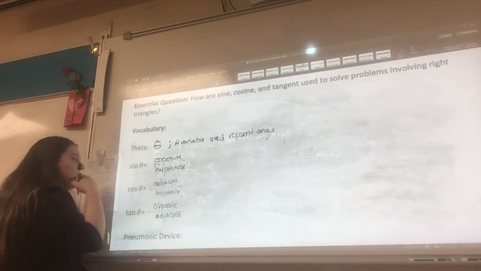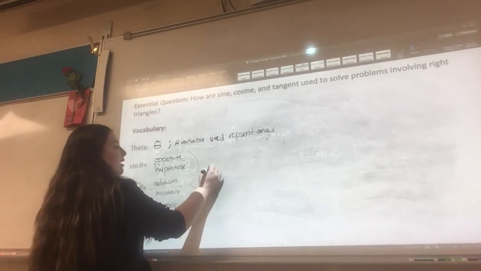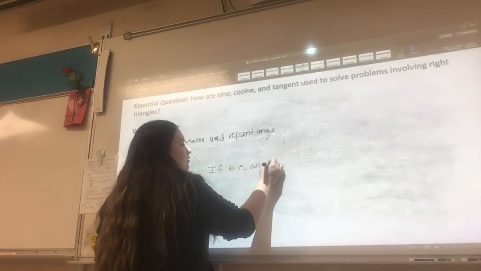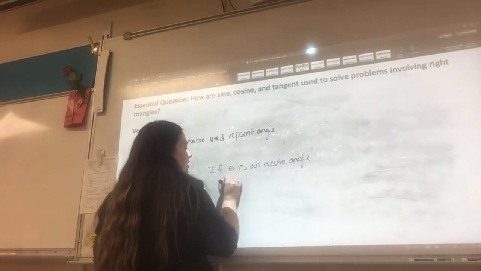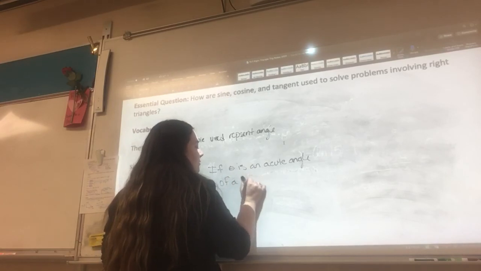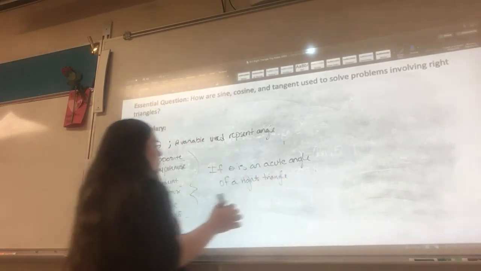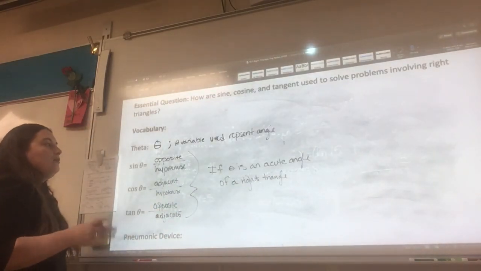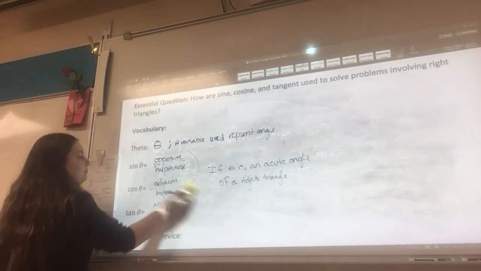Remember, these can only be used if theta is an acute angle of a right triangle. So just remember that you can only use sine, cosine, and tangent if it is a small angle of a right triangle. Making sure you remember all that.